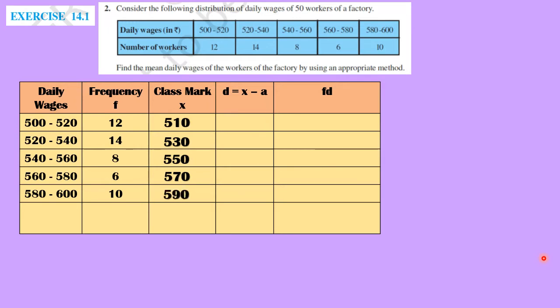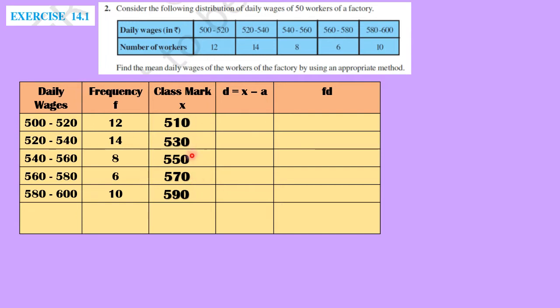and 590. Now, if you find the mean by direct method, that is fx, since the class mark is a bigger number, it will be difficult to multiply. We will get a 4-digit number, so it will be difficult for us. So what will we do? We will select one of the class marks as an assumed mean. Which one will we select?